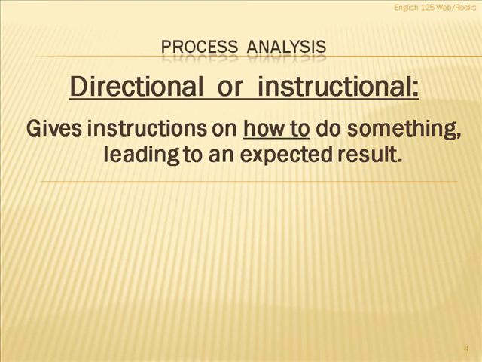The first is directional or instructional process. This gives instructions on how to do something, leading to an expected result. When you see books on how to plan your career, how to buy a car, these types of things, this is instructional process.